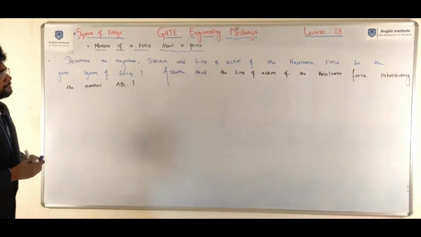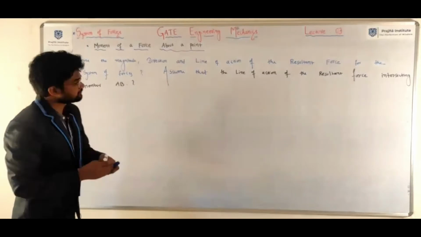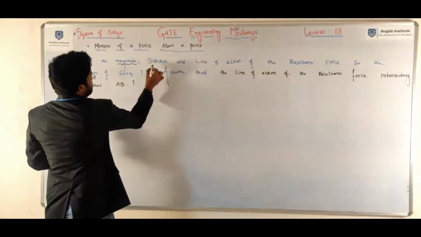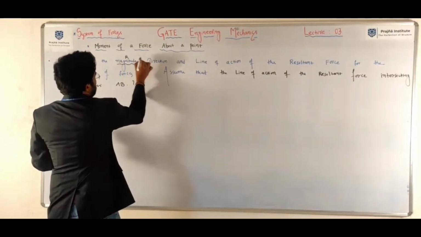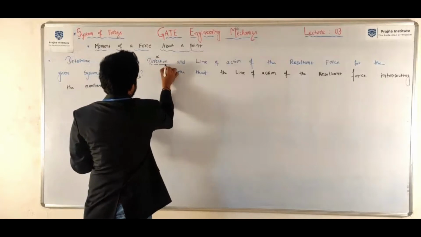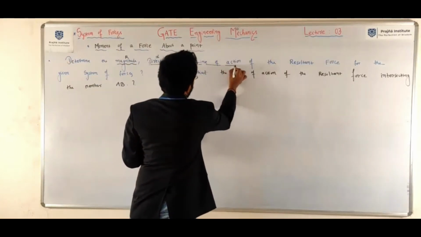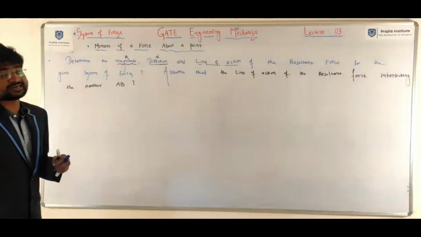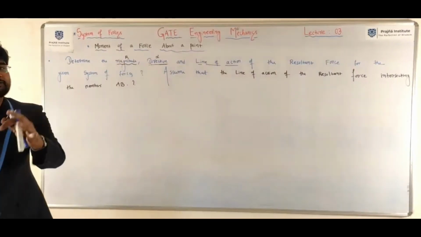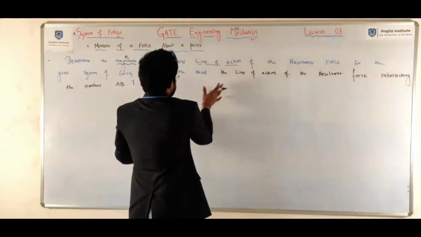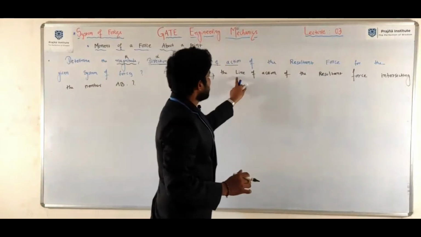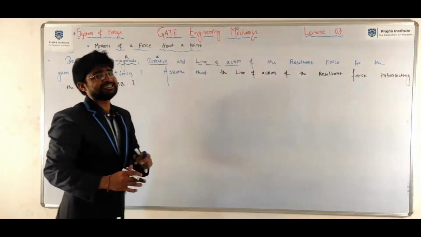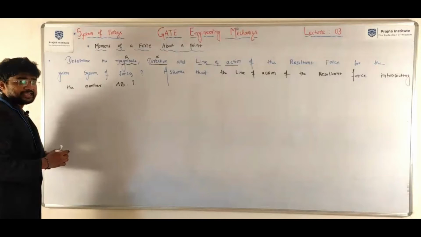Okay. Here we need to determine the magnitude, the direction alpha, and the line of action of the resultant force for the given system of forces. Here it is given that the line of action of the resultant force intersects the member AB.